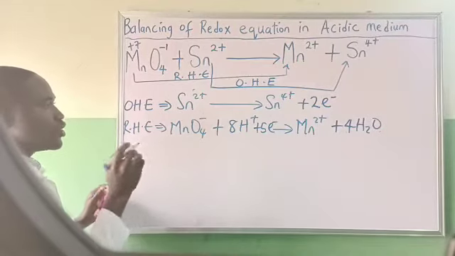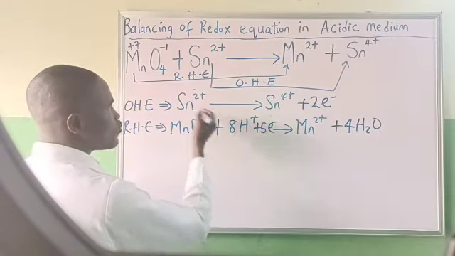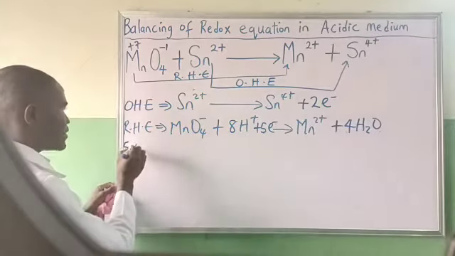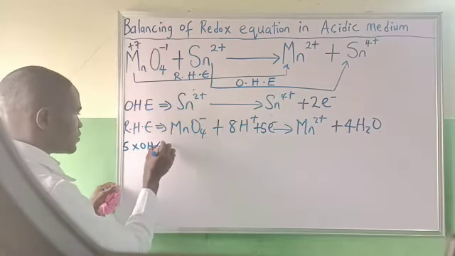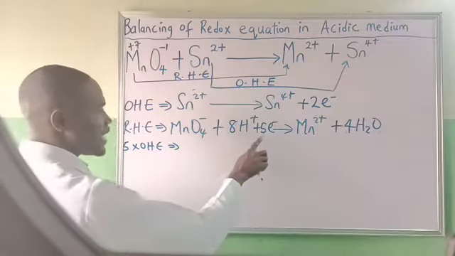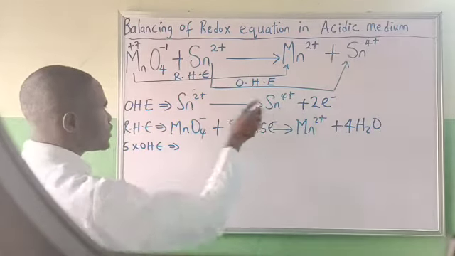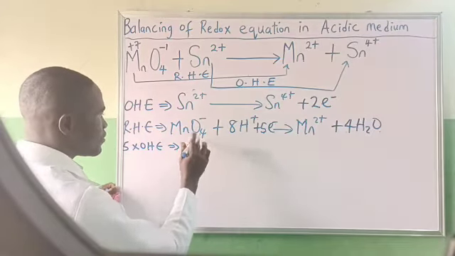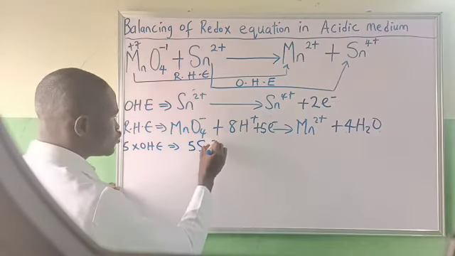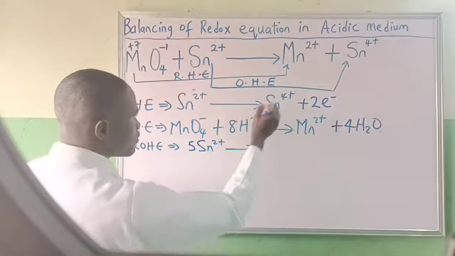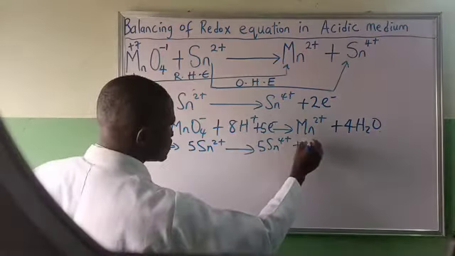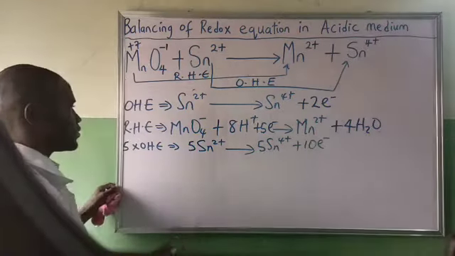Now, next thing to do is carry this 5 to multiply all the oxidation half reaction. 5 times this will be giving you 5 Sn2+ to give 5 Sn4+ plus 10 electrons.